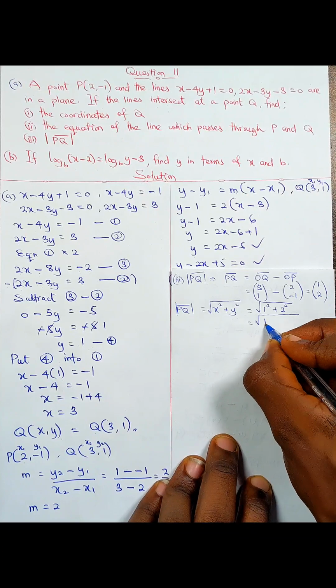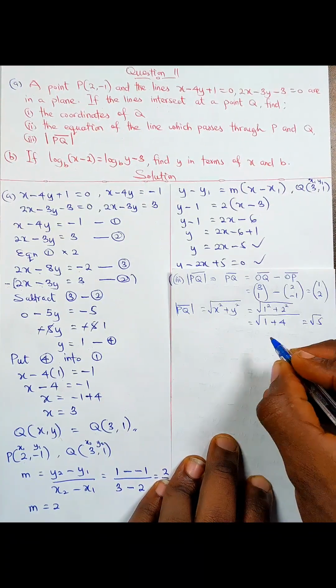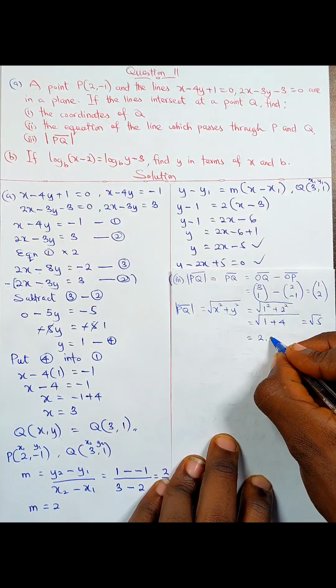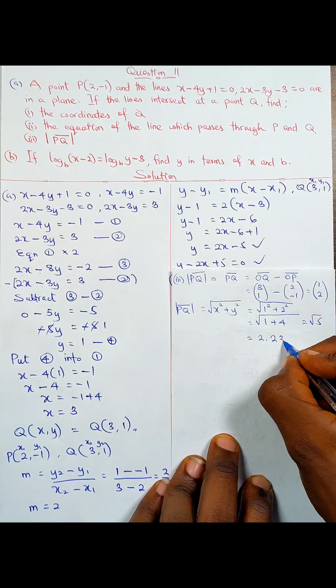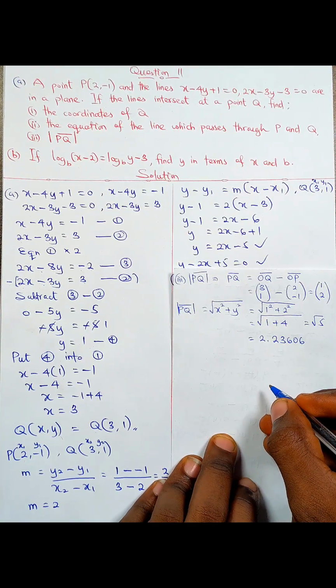That gives us the square root of 1 plus 4, which is equal to the square root of 5, which can also be written in decimal as 2.23606.